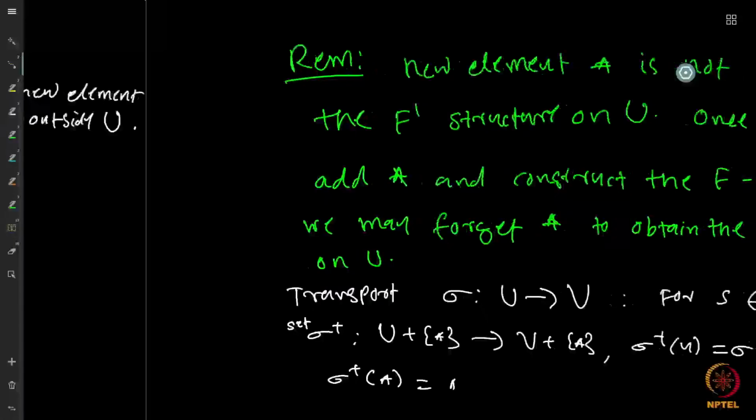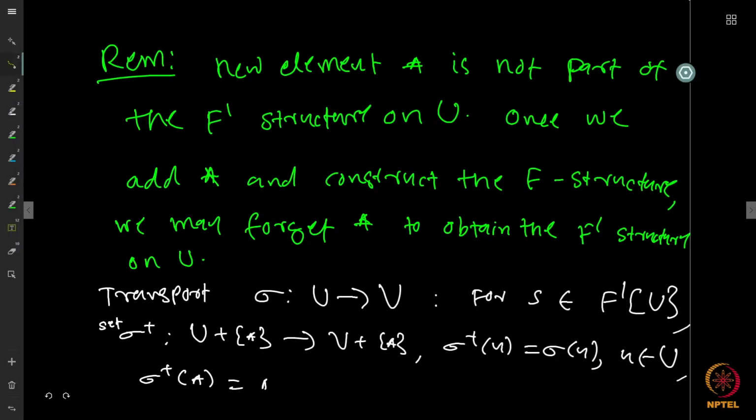So let us look at an example. Before that, maybe I will just make a remark that the new element is actually not part of the F prime structure on U, because it's never part of U. Once we add star and construct the F structure, we can forget star to obtain the structure.